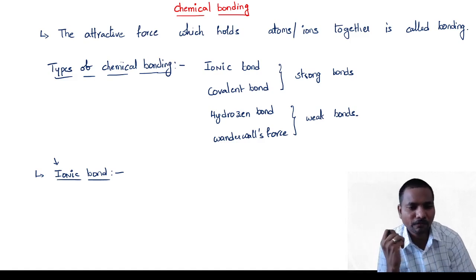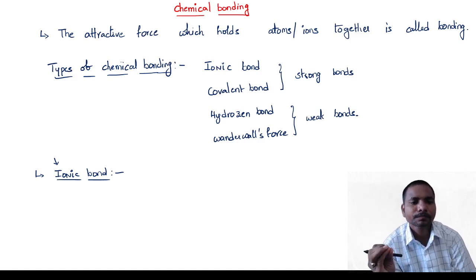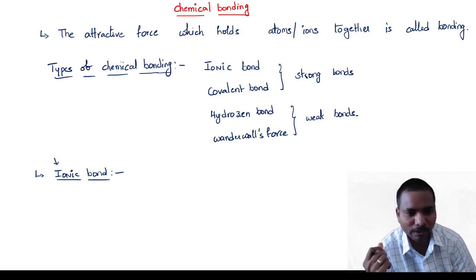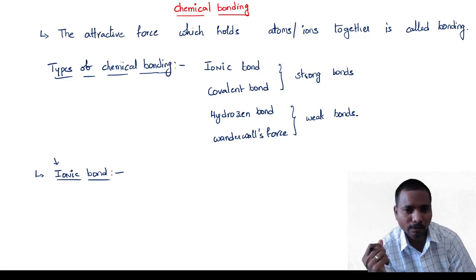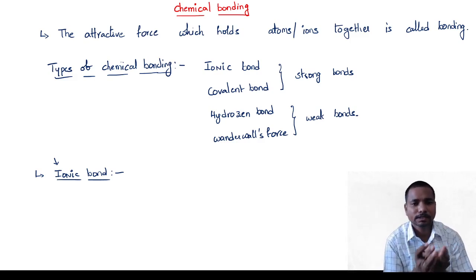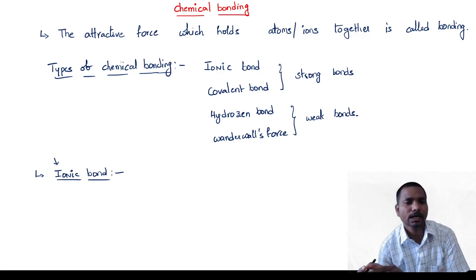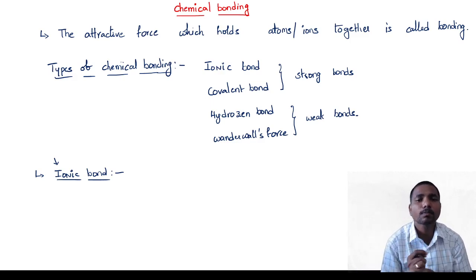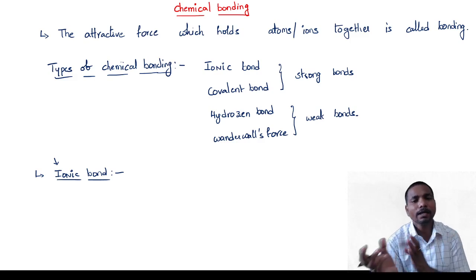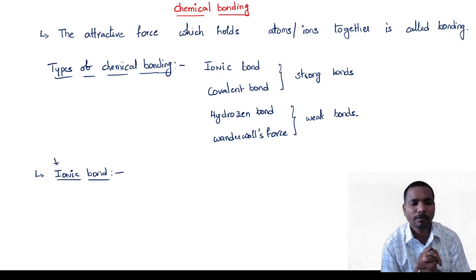Positive ions, for example metals, negative ions, non-metals. So ionic bond is the bond between metal and non-metal, like male and female.